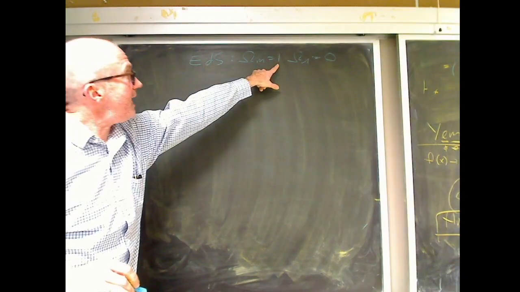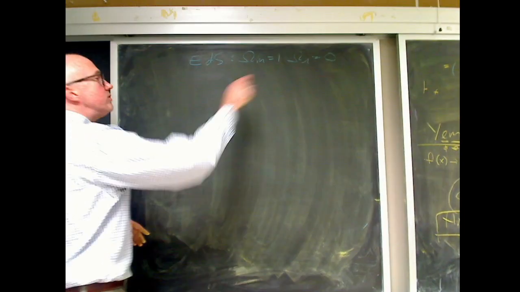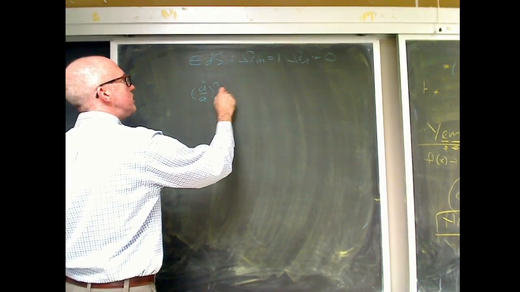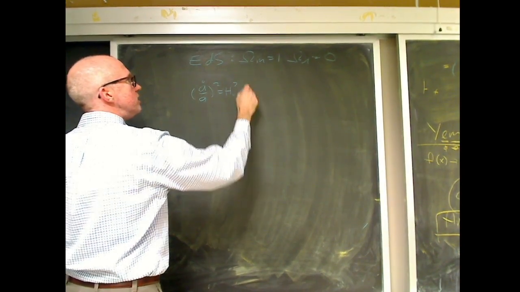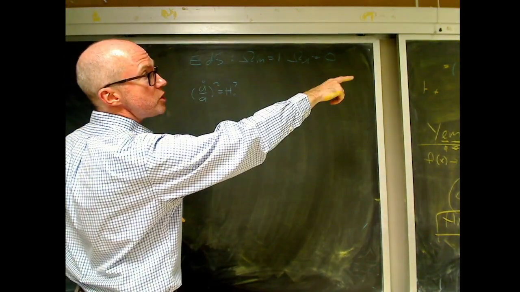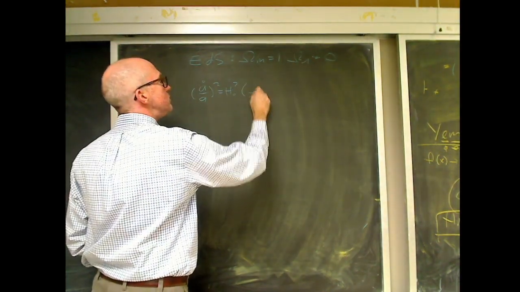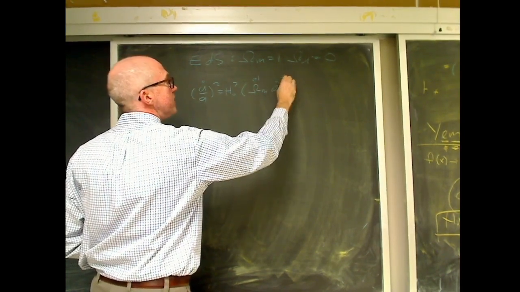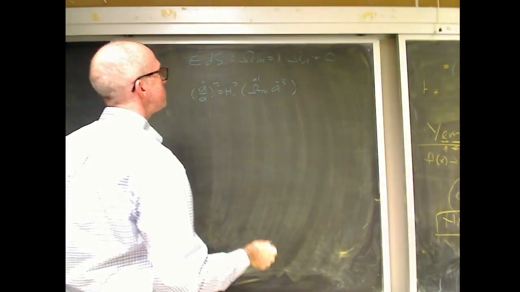So it's 1, so we're at the critical density. So we start off with this equation and we get A dot over A squared equals H naught squared. We're in Einstein de Sitter, so that first term goes away. The second term is omega matter, which equals 1, A to the minus 3, and then the other term goes away.